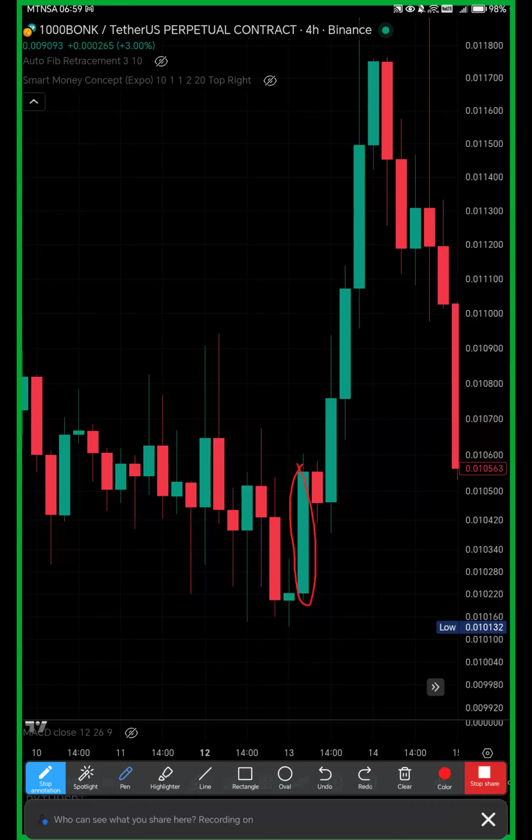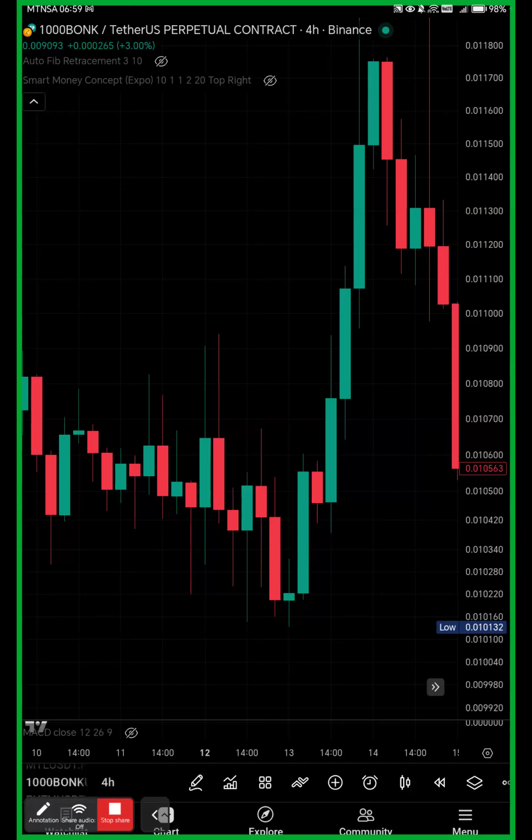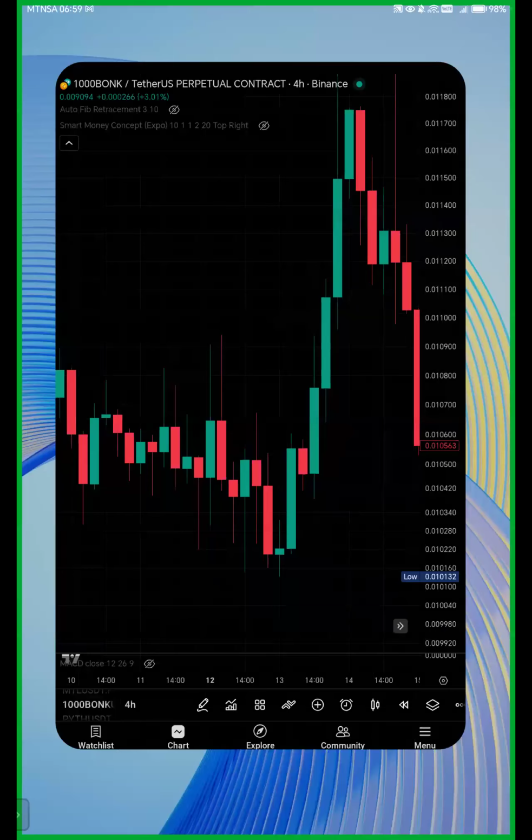What type of formation is this one? I'm here now on TradingView. Today we are doing a recap. We are looking at some of the chart patterns that we have gone through during our training. What type of formation is that one?